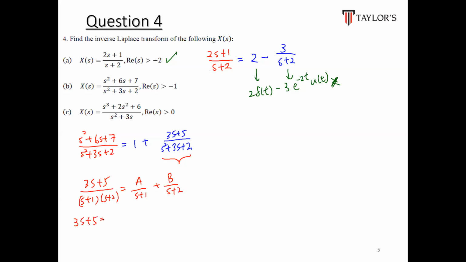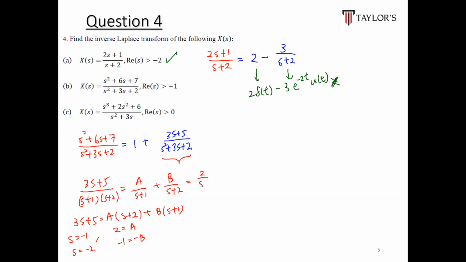3s plus 5 equals a multiplied by s plus 2 plus b multiplied by s plus 1. So when s equals negative 1, I get 2 equals a. When s equals negative 2, I get minus 1 equals minus b. So b is 1, not both are 1.